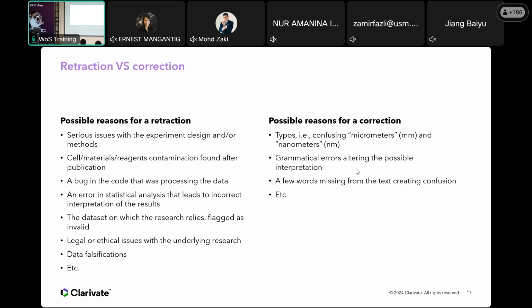Some other cases are listed here. Like a data set on which you rely is flagged as invalid, or if there is an error in statistical analysis, if there are any legal or ethical issues that were uncovered.